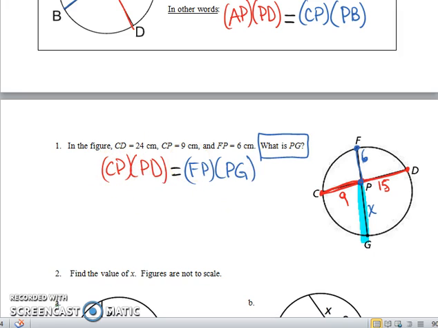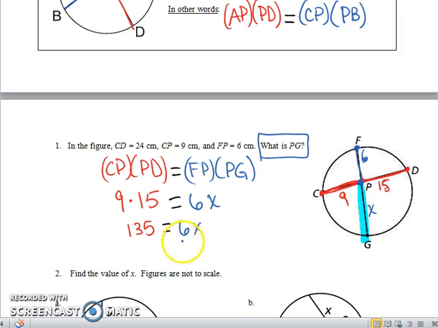So from C to P, that was 9, and I'm going to multiply that with P to D, which is 15, and that's going to be equal to F to P, which is 6, times P to G, which we don't know, which we used X to represent that length. So 15 times 9 gives us 135, and that is still equal to 6x.